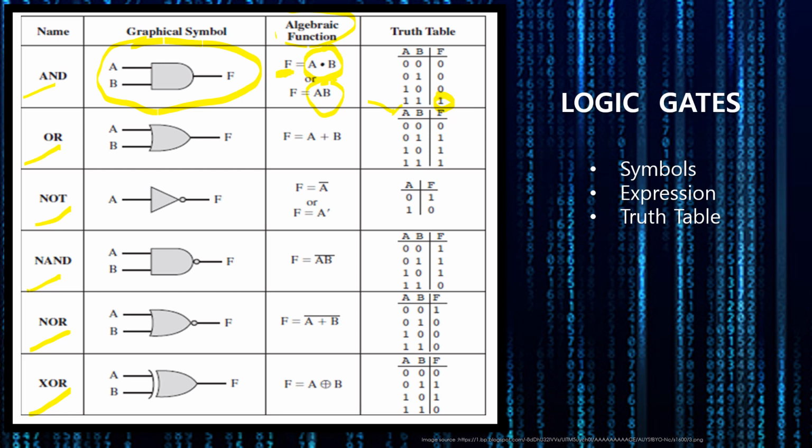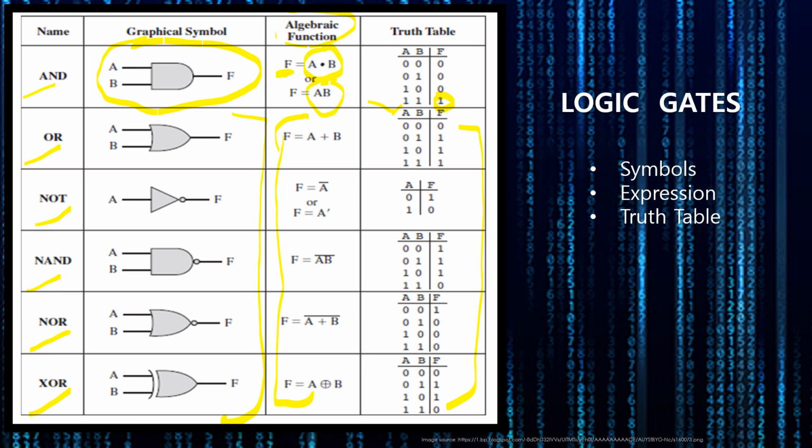Okay, so I assume over here that you know about the truth table. And in a similar way, we have the OR, NOT, NAND, NOR and XOR gates. Here we have all the symbols, here we have all the algebraic functions which you need to remember, and here we have the truth tables for all the functions.